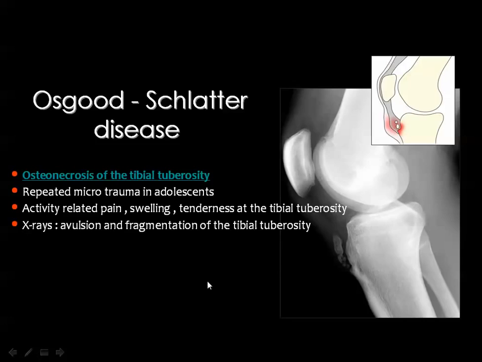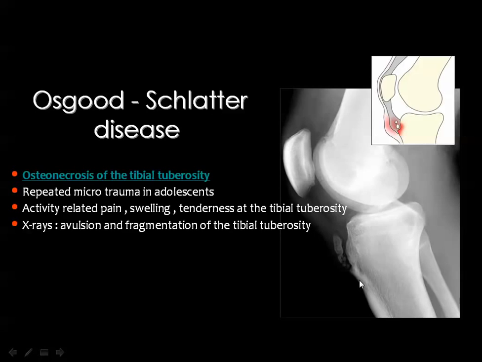As you all know, most of the avascular necrosis or osteonecrosis at different sites in the musculoskeletal system usually manifests by bone sclerosis, fragmentation, and collapse of the affected part of the bone.